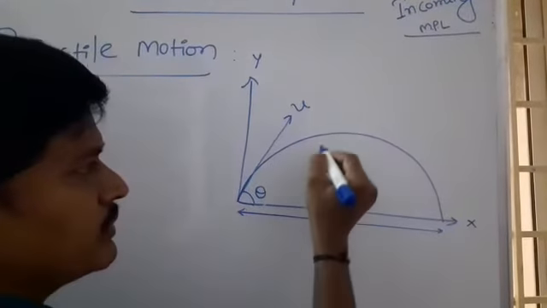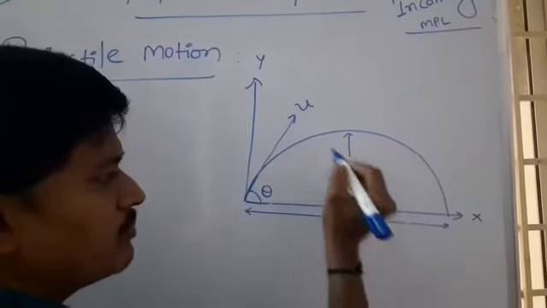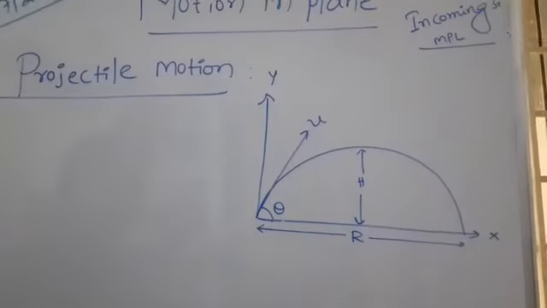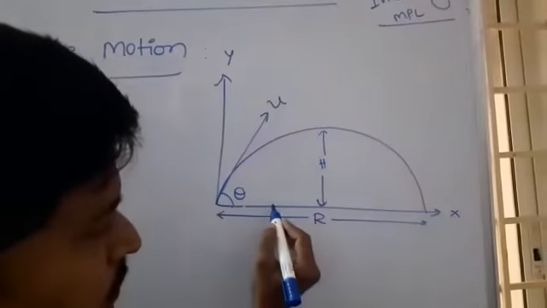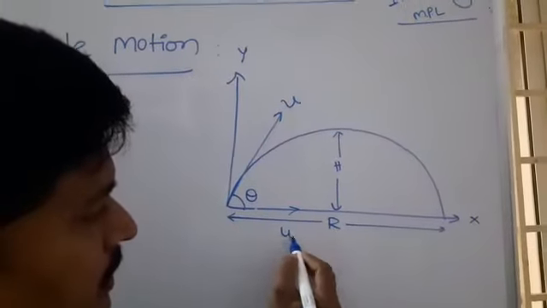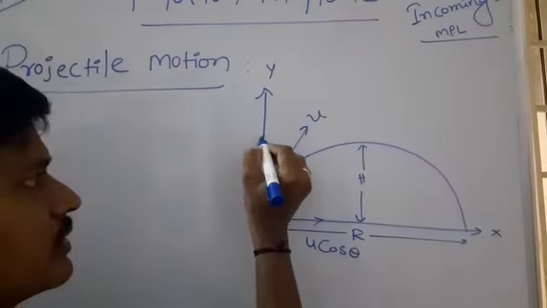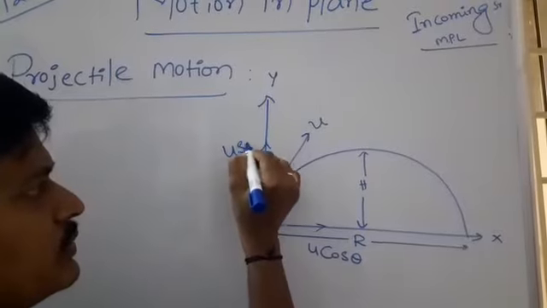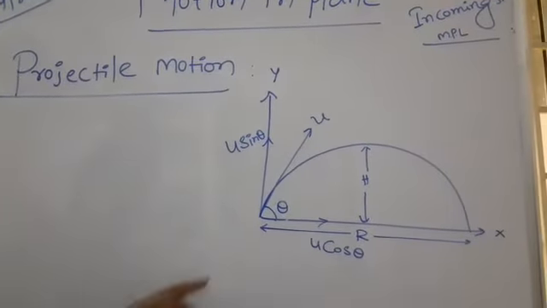The vertical displacement covered by the body is the maximum height. The velocity can be broken into two mutually perpendicular components: the horizontal velocity component u cos theta, and the vertical velocity component u sin theta.